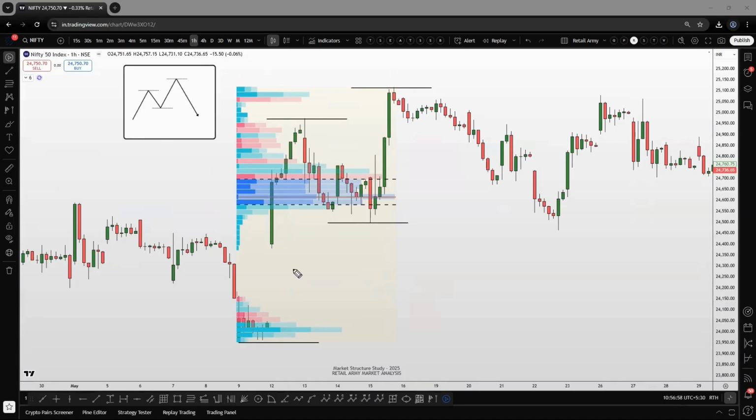What is this FRVP telling me? It is telling me that the major transactions have taken place in this area. What does this mean? This is the POC. This simply means the big players are not interested in participating in this long.